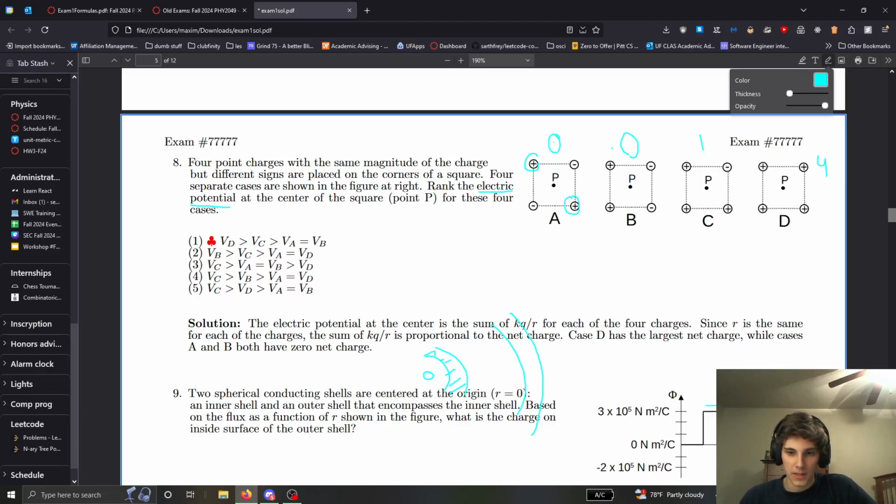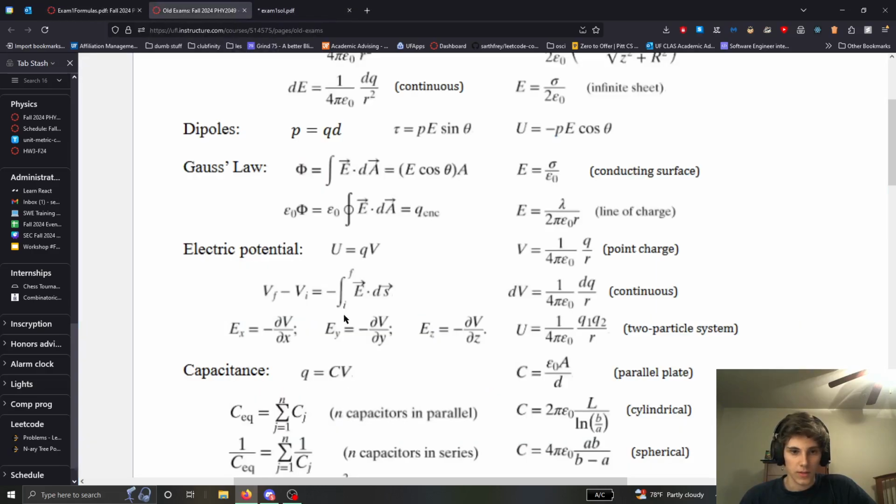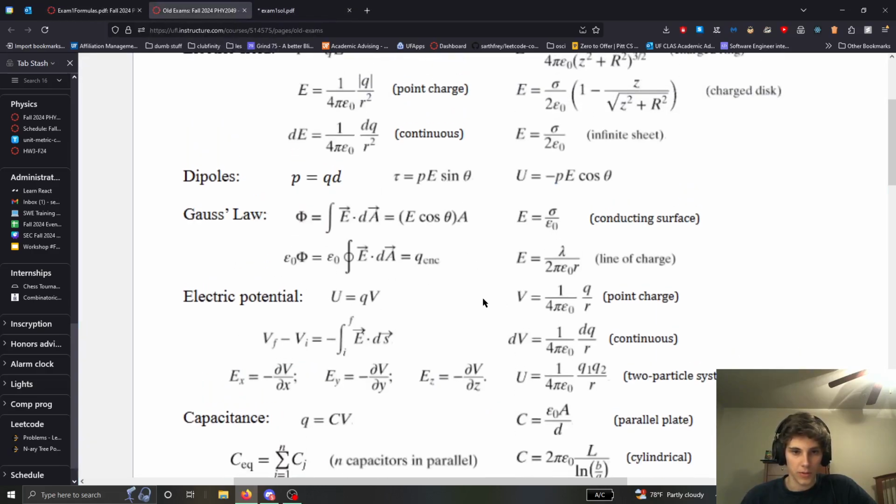Now we can see that here the flux becomes higher, and that is due to the fact that flux is relatively equal to the charge enclosed. There's a formula here which is important.